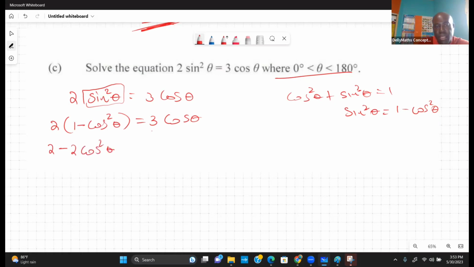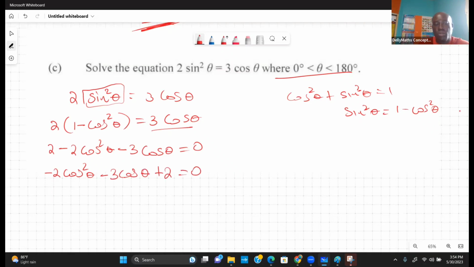I'm going to bring this across, so it's going to be minus 3 cos theta, which is equal to 0. Organize this in order: negative 2 cos squared theta, then minus 3 cos theta plus 2 equals 0.